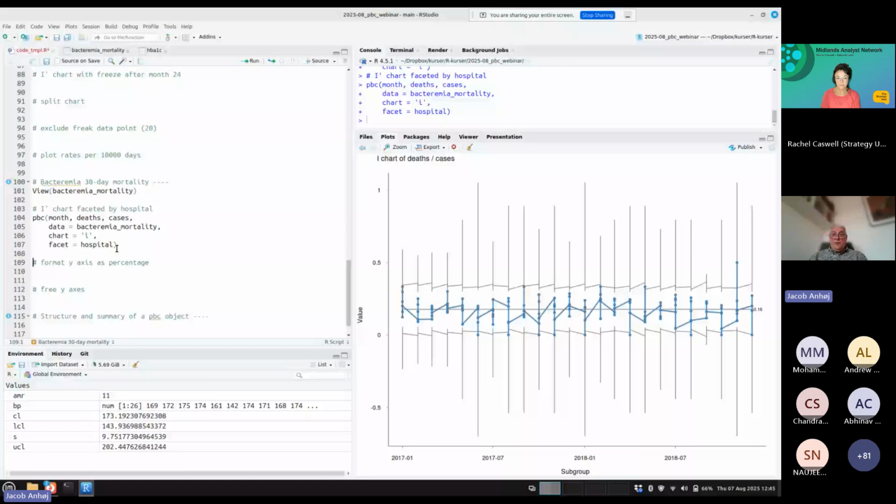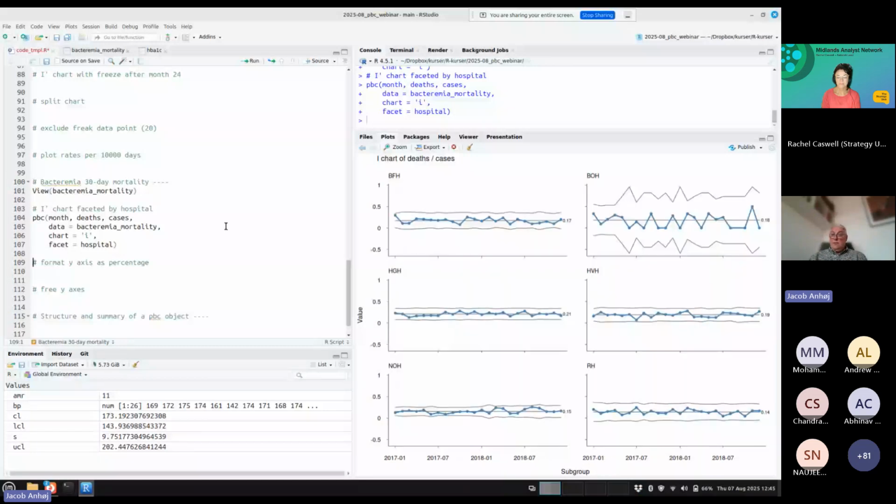Now, isn't this beautiful? These are faceted charts made with only base R, and each of these charts represents one hospital. You might notice that the lower control limits extend beyond 0.